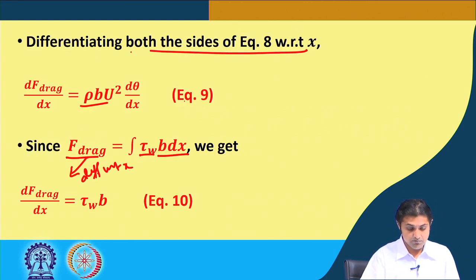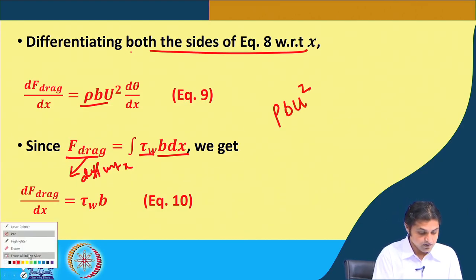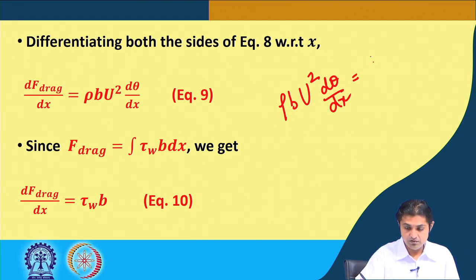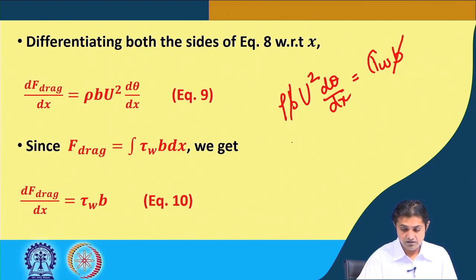Let me show you: rho b capital U square d theta dx is equal to tau w b. So b will get cancelled here, and tau w becomes rho U square d theta dx.